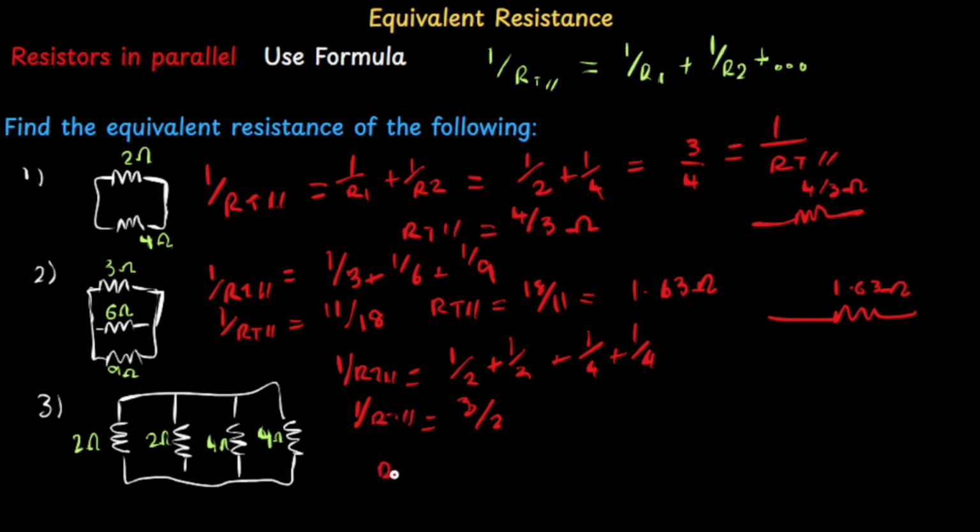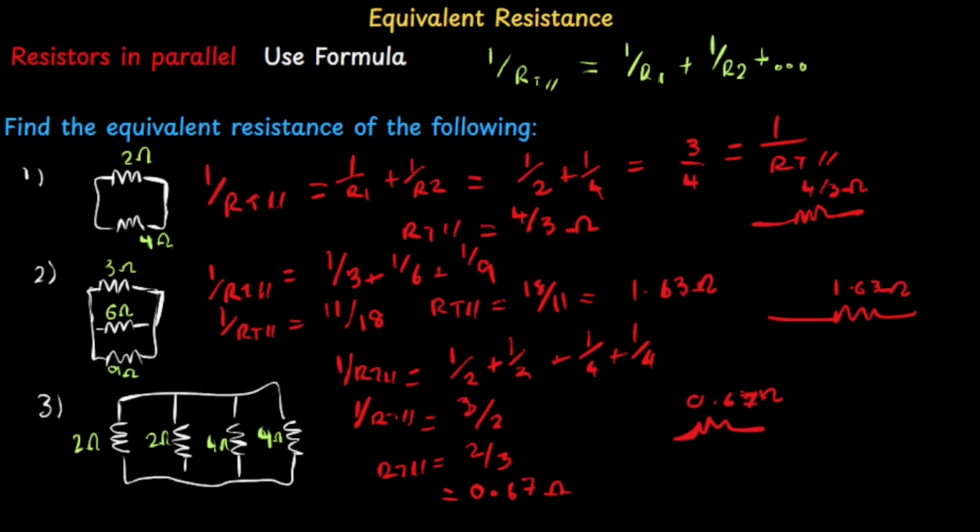That means RT parallel is equal to 2 over 3, which is equal to 0.67. So simply, if I were to replace this entire parallel connection with a single resistor of the value 0.67, my circuit would operate as normal.